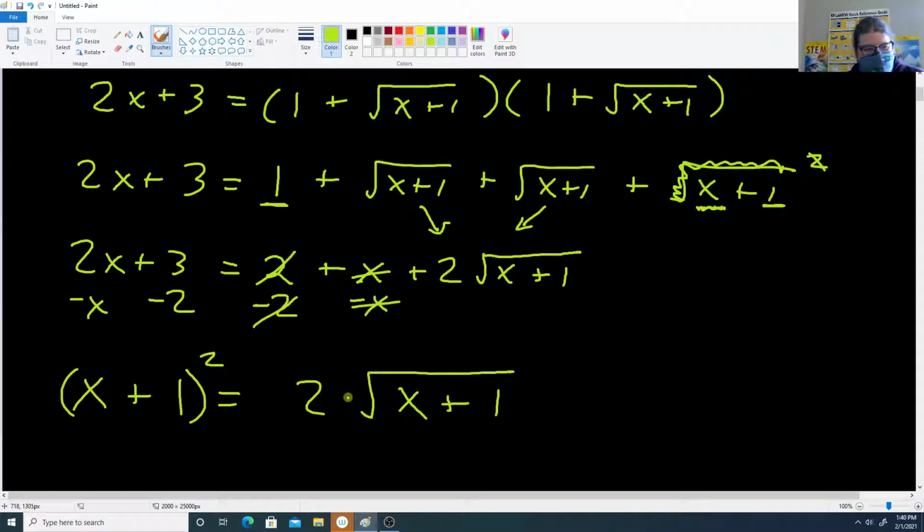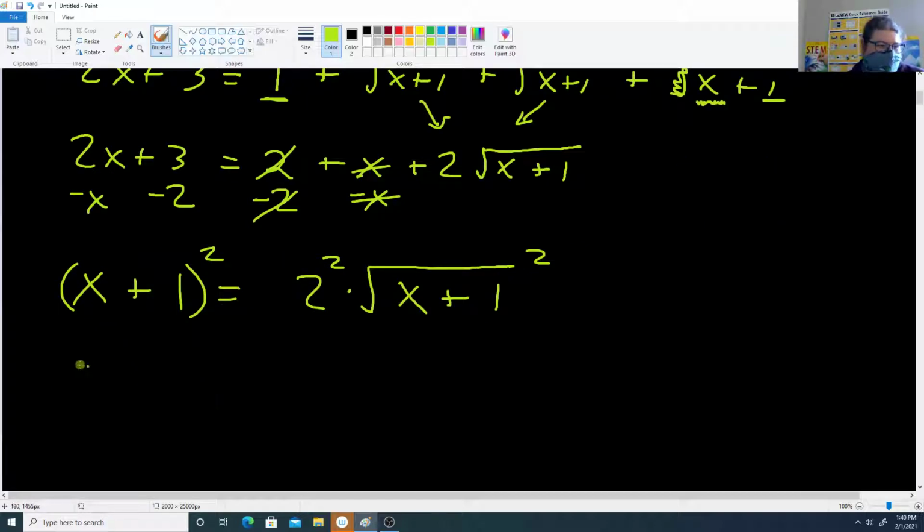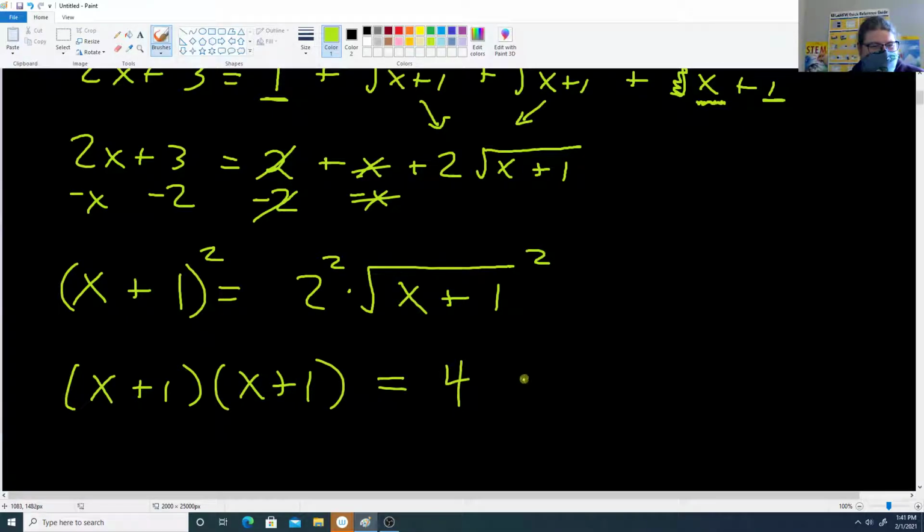When you square here, since this is separated by a multiplication, you can square the individual pieces. I'll get x plus 1 squared, which needs to be set up for FOIL again, equals 2 squared, which is 4, and the square here undoes the square root there, so we get 4 times x plus 1.